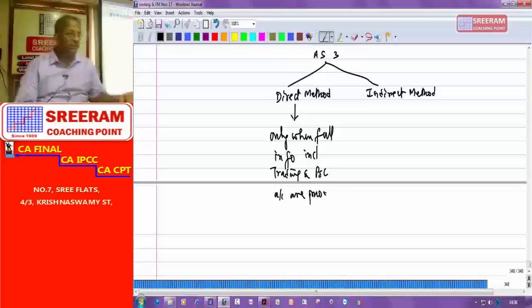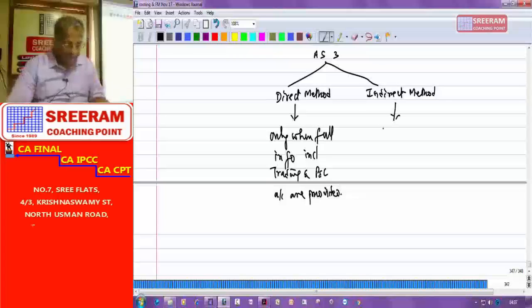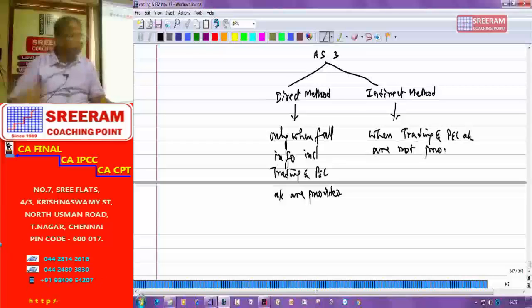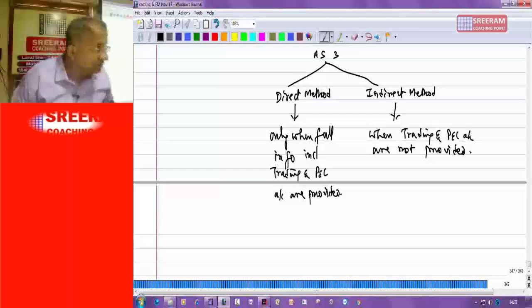So in this problem, profit and loss account full details not there. So when trading and P&L are not provided, correct? So in this case, what is the method that we will be using?